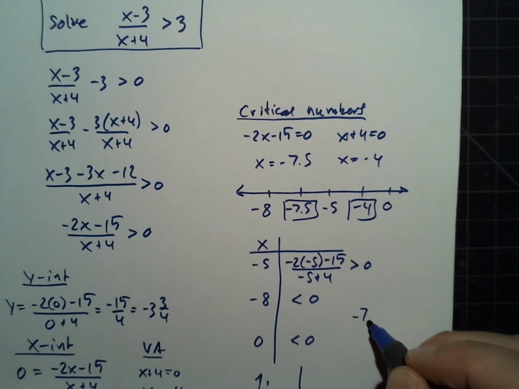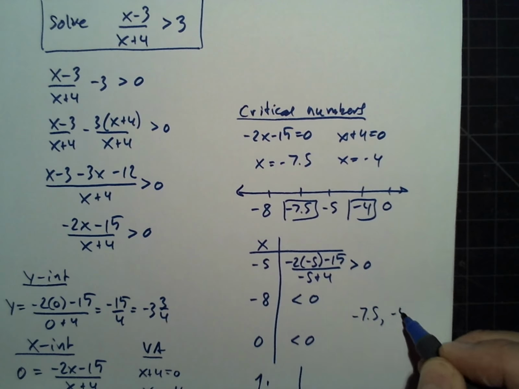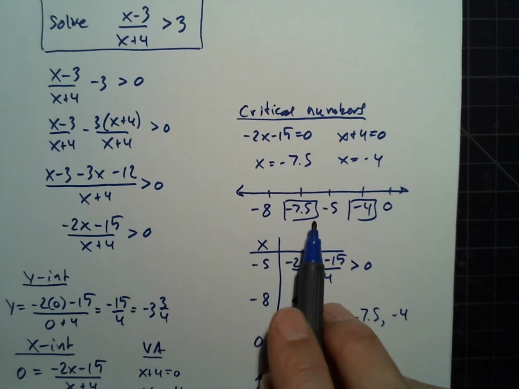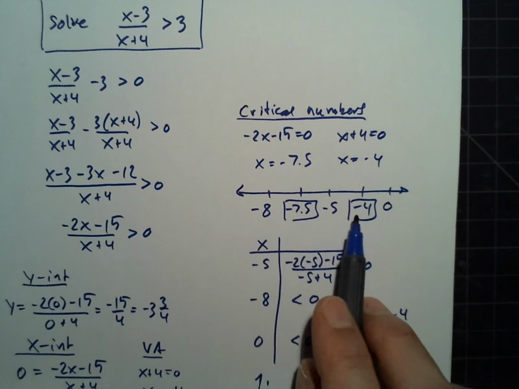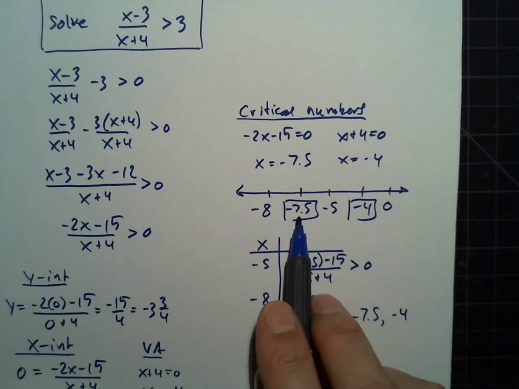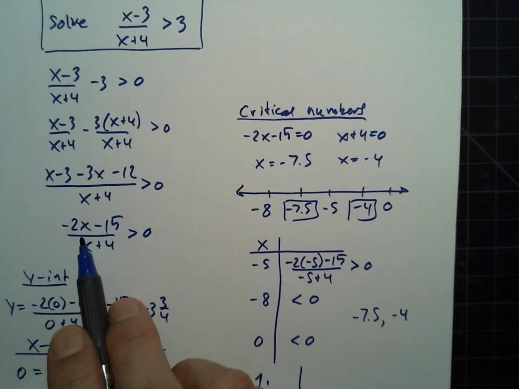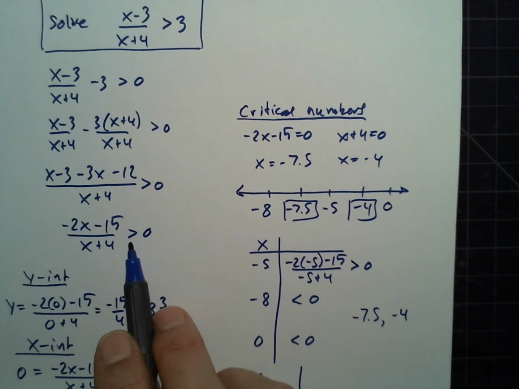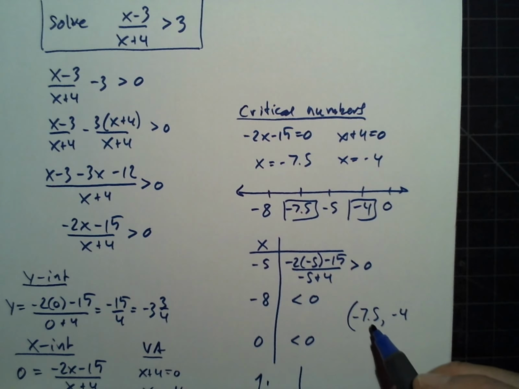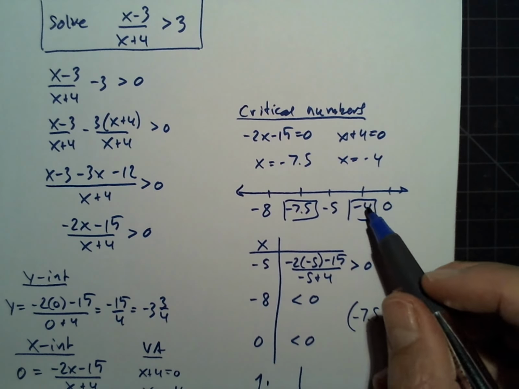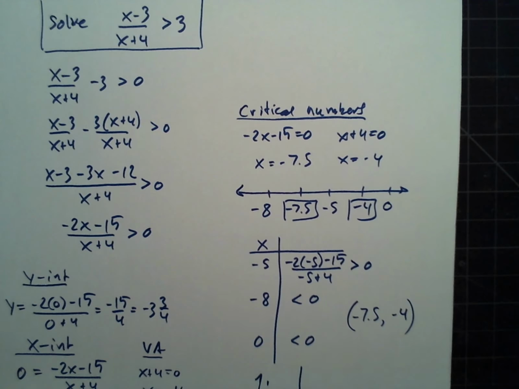So we know it's going to be between negative 7.5 and negative 4. If we then check these points, negative 7.5 in here, we know that it equals 0, but we don't want it to equal 0. So that means don't include negative 7.5. And negative 4 is an asymptote, so we don't include that.